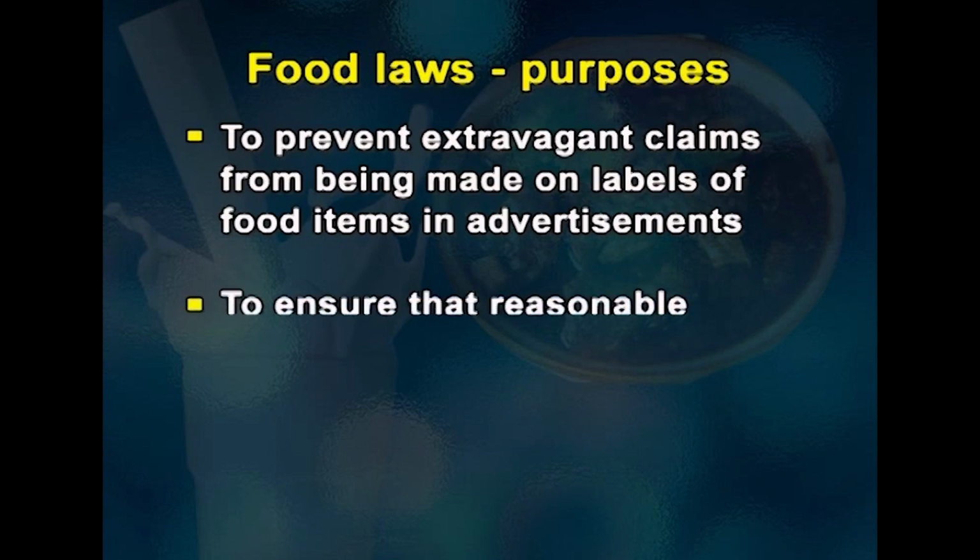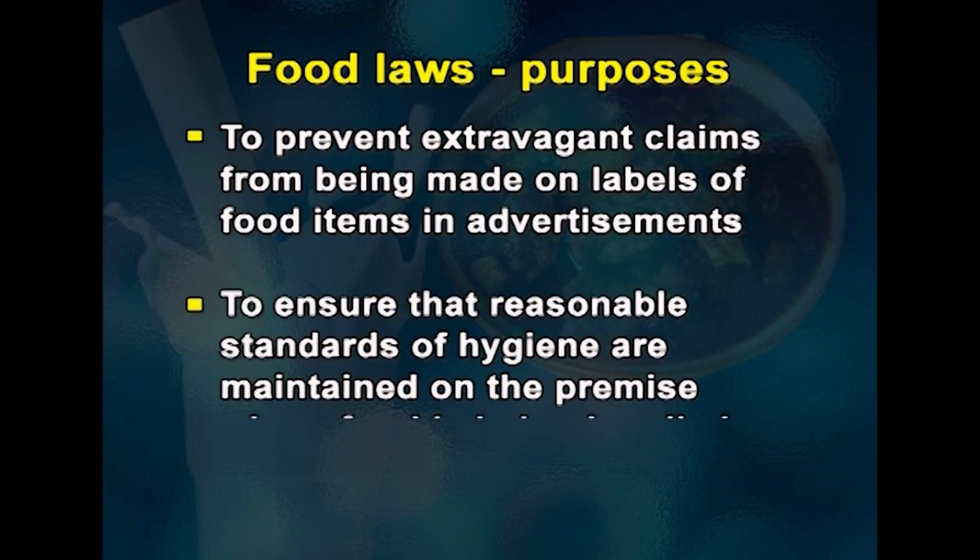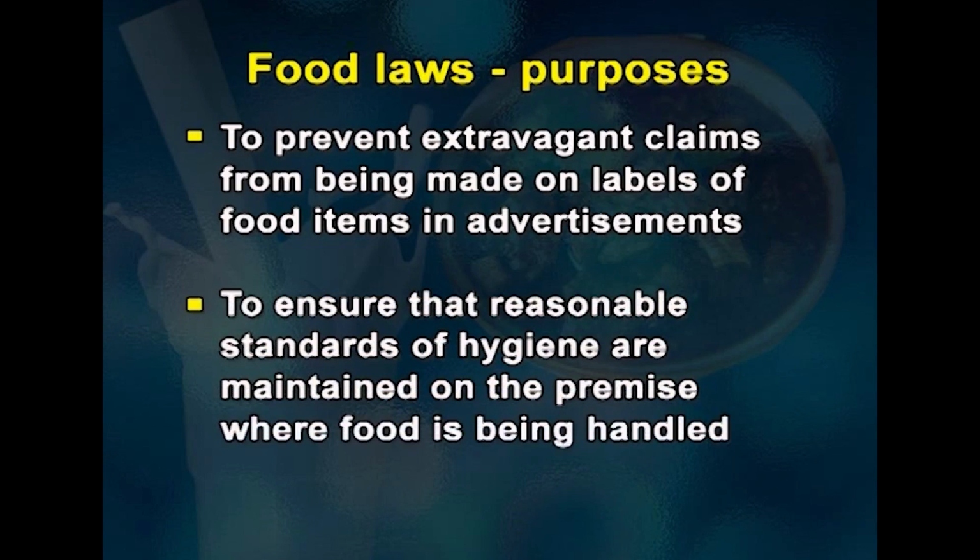The next purpose is to ensure reasonable standards of hygiene are maintained on the premises where the food is being handled. Now, the food laws or legislative measures which are taken nationwide and internationally are categorized in various acts.